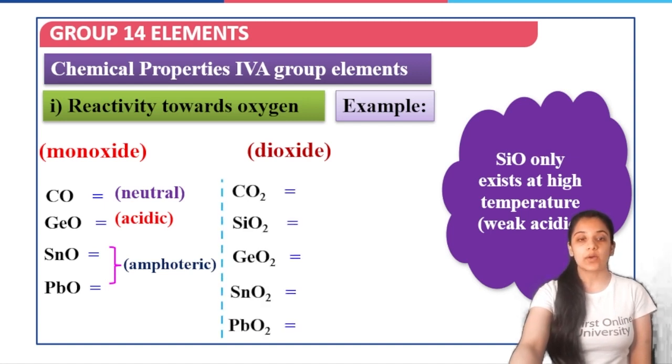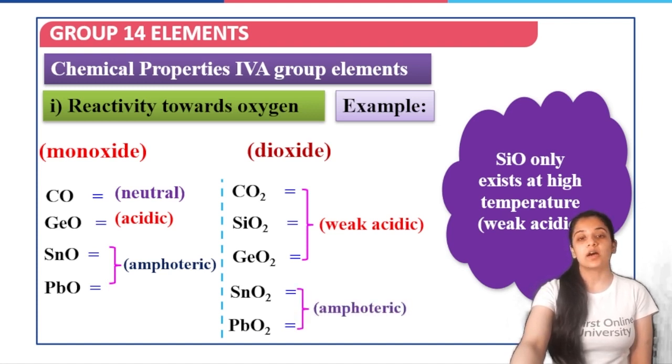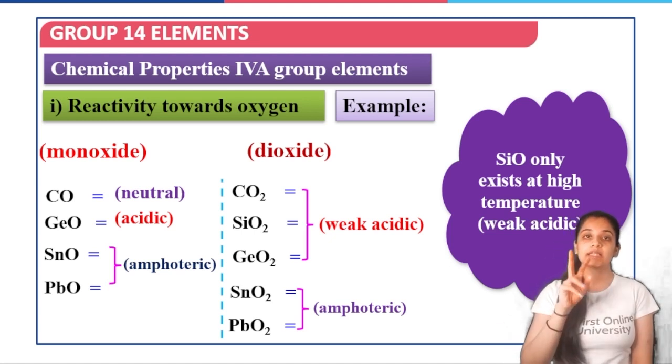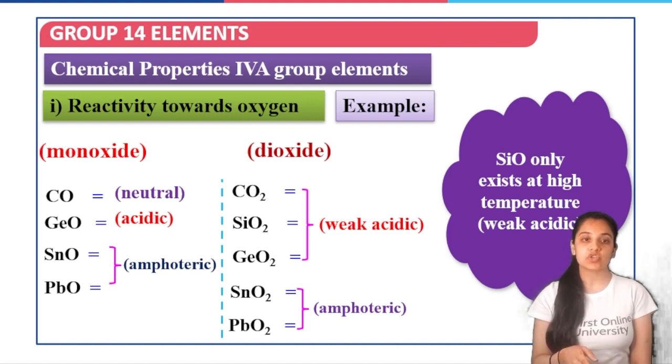Then we talk about dioxides: carbon dioxide, silicon dioxide, germanium dioxide, tin dioxide, and lead dioxide. Carbon, silicon, and germanium dioxides are weakly acidic in nature. Tin and lead dioxides are amphoteric. So for tin and lead, both the monoxides and dioxides are amphoteric in nature.